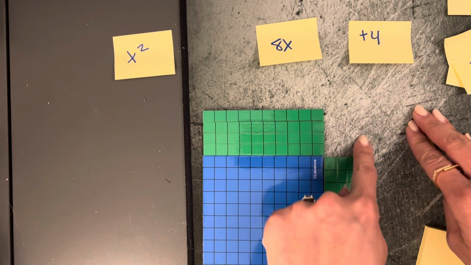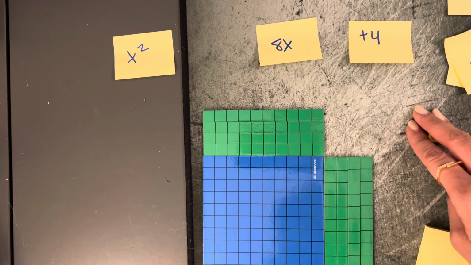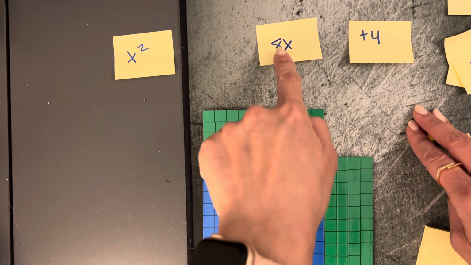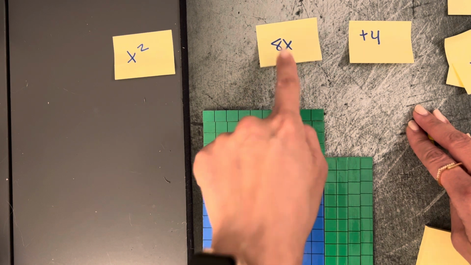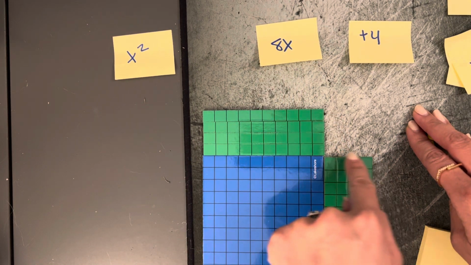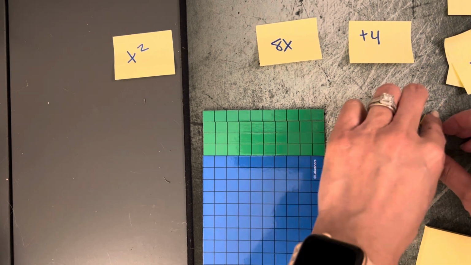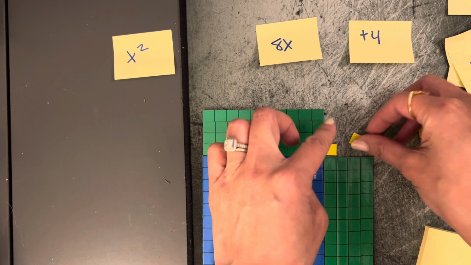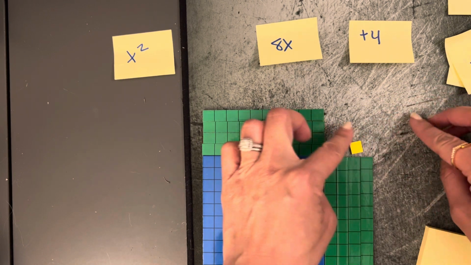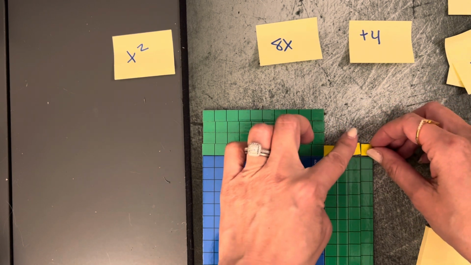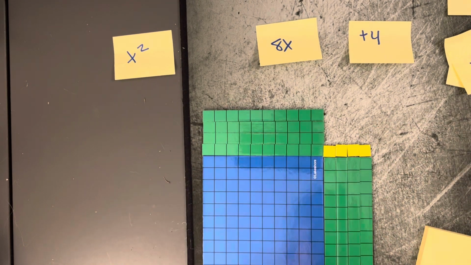And how many here do I need? Well, half of 8 is 4. 4 squared, right? 4 times 4, you can see that square right here is 16. So I need 16, but I only have 4, right? So how many more do I need to add here? Well, I would need to add 12 more to get that perfect square.